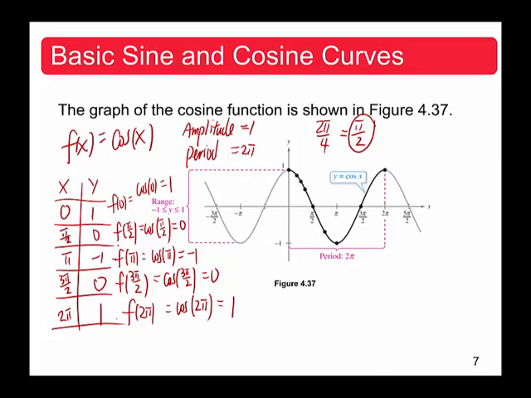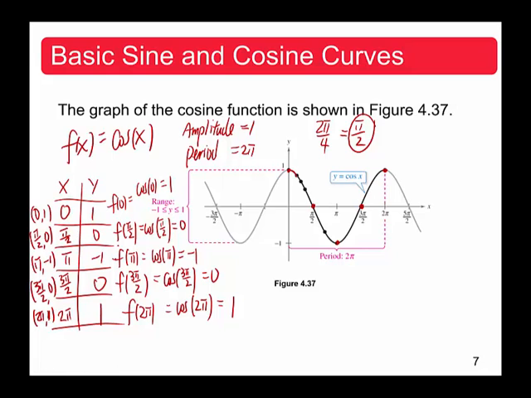So once you have those 5 ordered pairs, you plot them, right? 0, 1 goes here, pi over 2, 0 is right here, pi, -1, 3 pi over 2, 0, and then 2 pi, comma 1.